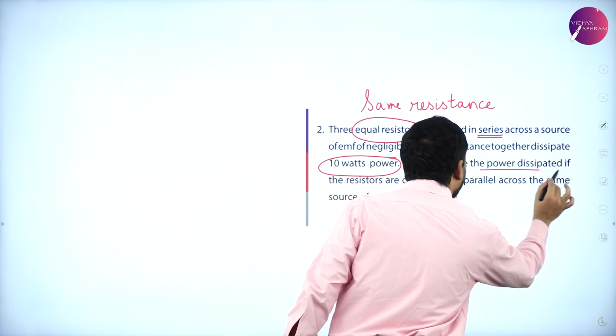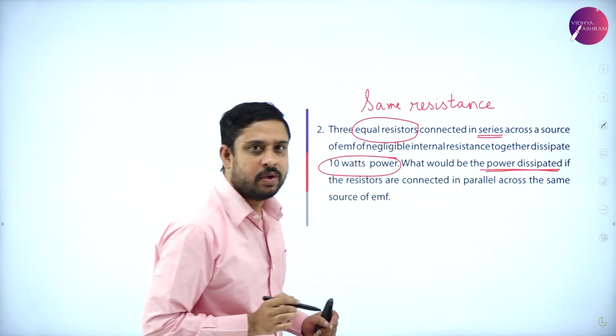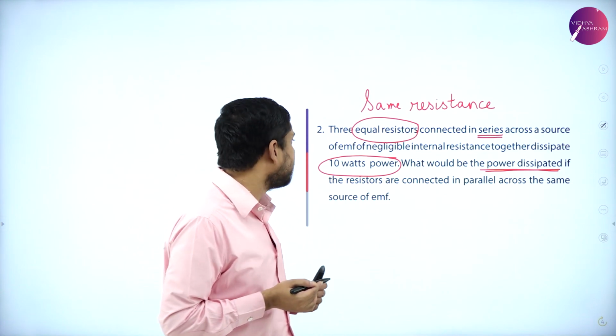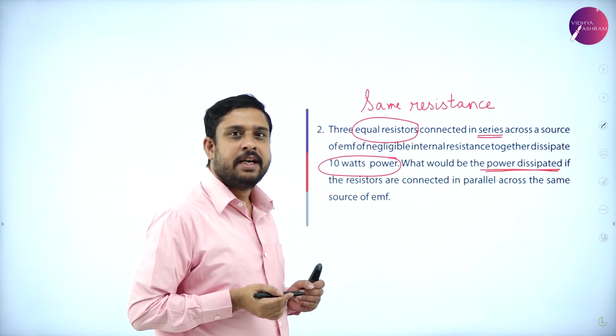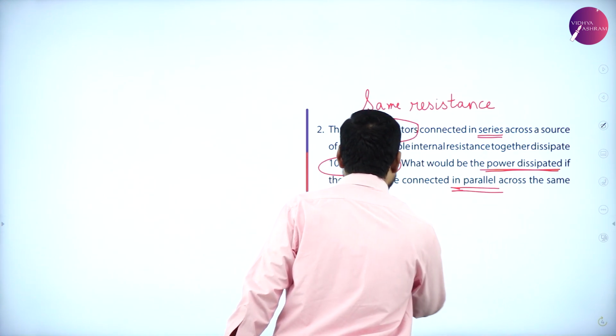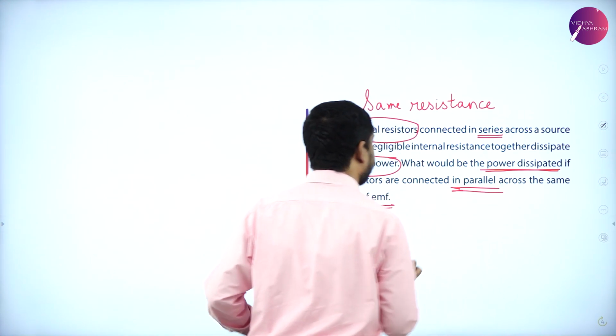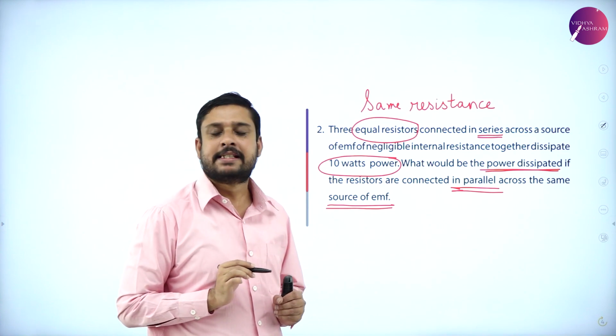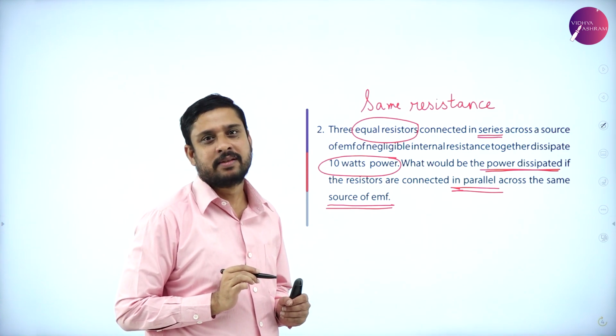What would be the power dissipated? How much power is given out if the resistors are connected in parallel across the same source?